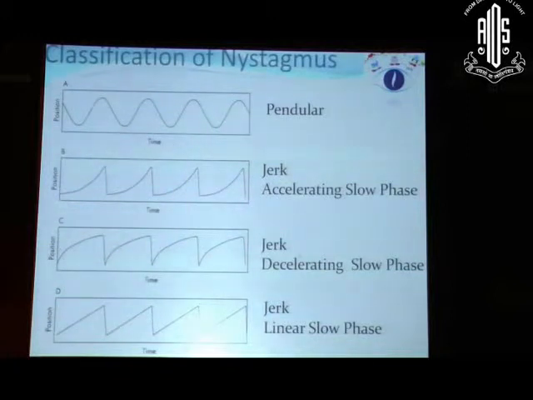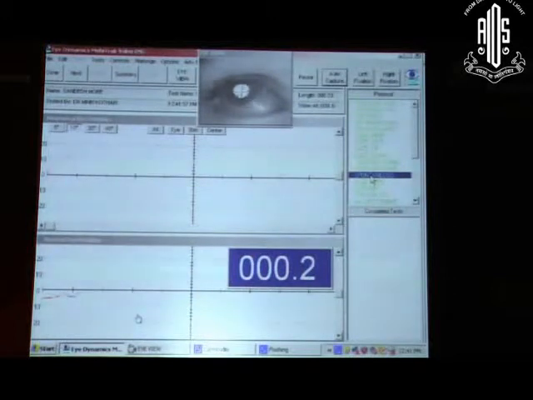And last but not least, the linear slow phase with jerk nystagmus is more typical of vestibular nystagmus or neurological nystagmus. The video nystagmography would, in this patient, show up a slow decelerating phase as you see over here.